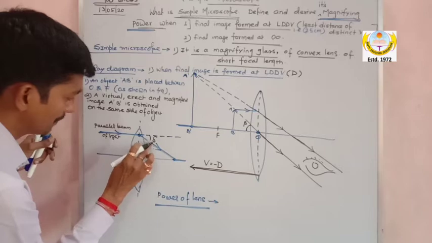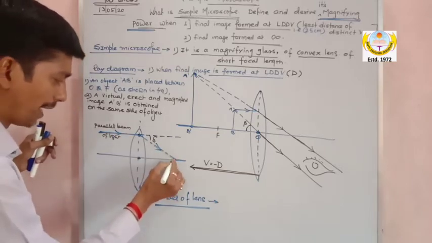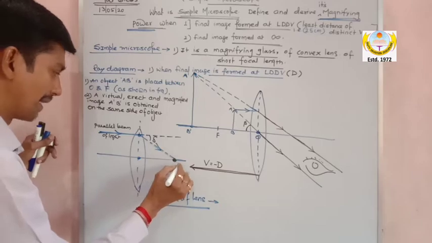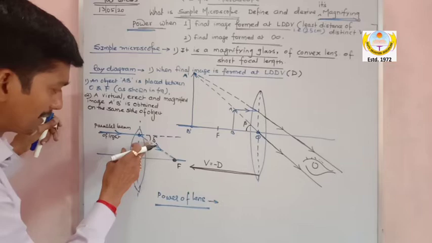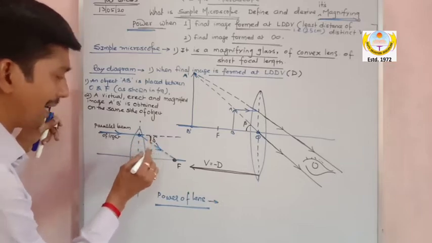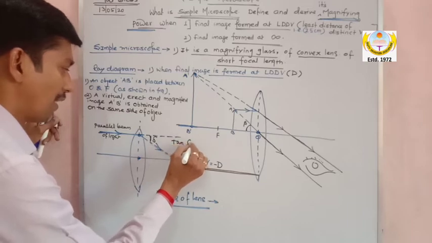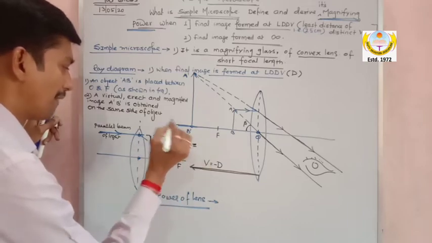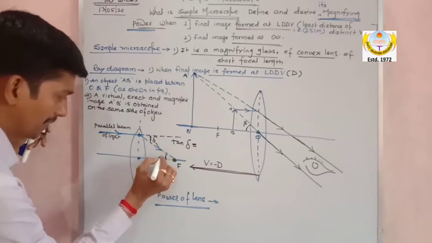You can see it is converging here at this point. Say I will make it F, and this is converging by what angle? By tangent of delta. And if I observe, here it is delta, so I can draw delta here also, my dear.